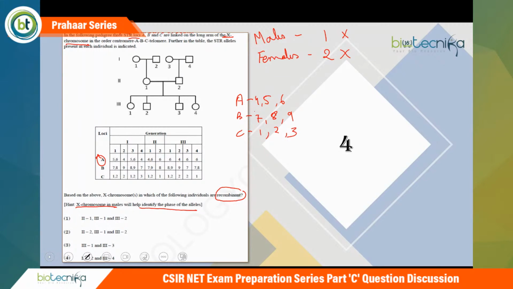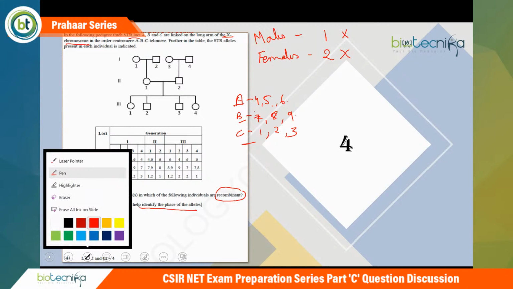So 4, 5, 6 are the alleles of A locus, 7, 8, 9 are the alleles of B locus, and 1, 2, 3 are the alleles of C locus. But they are alleles. They will occupy the same position of A, B, and C respectively only. It cannot occupy any other position. Okay, now let's write down the cross.